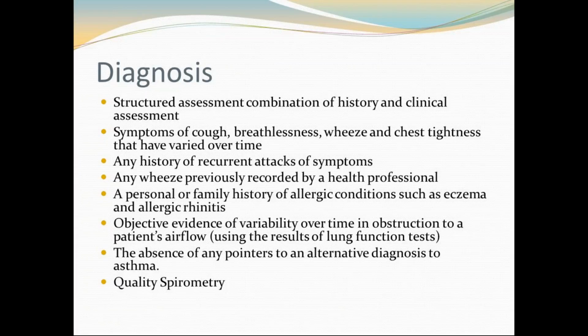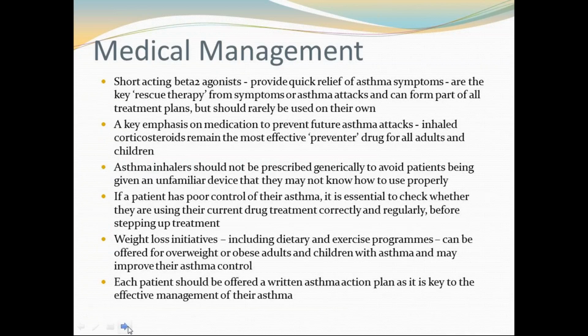A lot is spent on diagnosing through looking back at the patient's life pattern. There's a lot of discussion around children under the age of 5, how difficult it is to diagnose asthma in children under 5. And quality spirometry, which I mentioned earlier, again is being talked about. It's key.